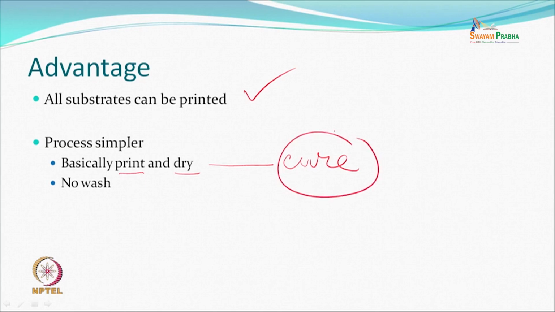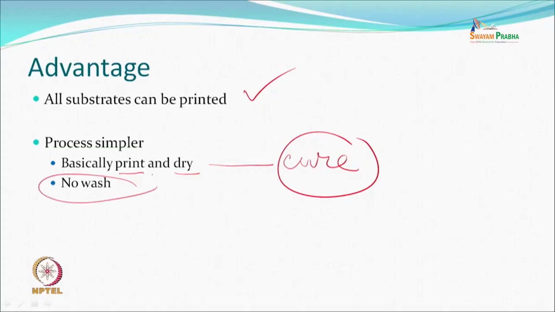That drying may be at a temperature high enough to ensure that a film is cured and fixed onto the substrate. I am sure you understand that, because as we said, pigment does not have any affinity, something is going to bind it, and that is the binder, which makes a film. But the good thing is that you do not need to wash, because everything is fixed.